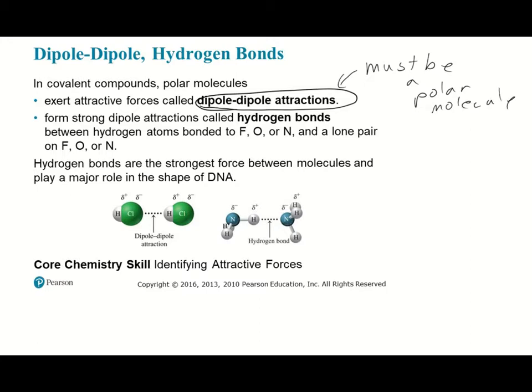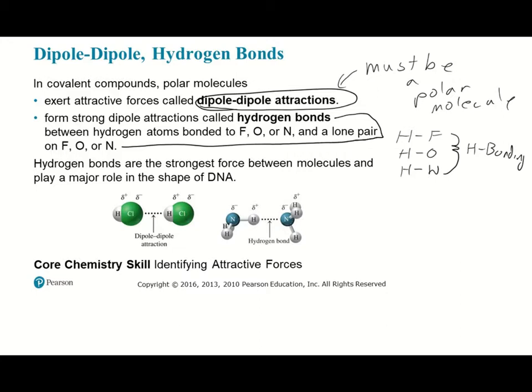We call a special case of this dipole-dipole interaction where hydrogen is bonded to fluorine, hydrogen is bonded to oxygen, or hydrogen is bonded to nitrogen as hydrogen bonding. And this is the force of attraction that plays a major role in everything from DNA to proteins to just our typical aqueous environment.